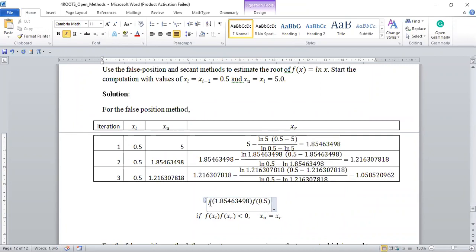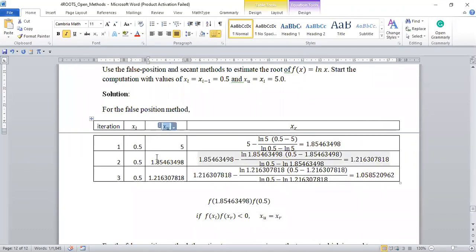When you multiply these together, if it's less than 0, you replace the upper limit with the root you just calculated. I skipped that step. If you do this evaluation, it's going to be a negative number, less than 0. So that means we replace the upper limit, xu, in the next iteration with this xr we just calculated.